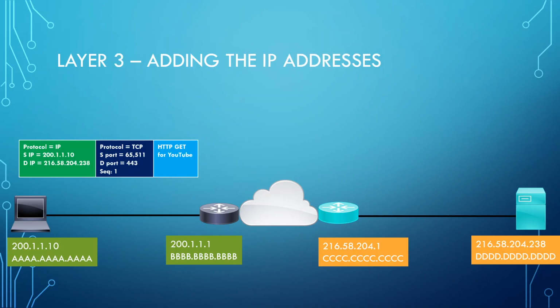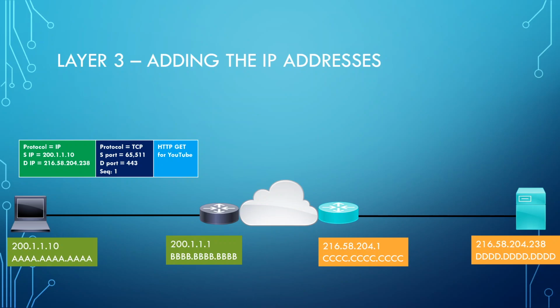Now, once TCP has finished adding the information that it needs to add on to the data, it's going to then pass that data down to the IP protocol. Now, the IP protocol defines the ultimate source and the ultimate destination, where we are going to end to end.